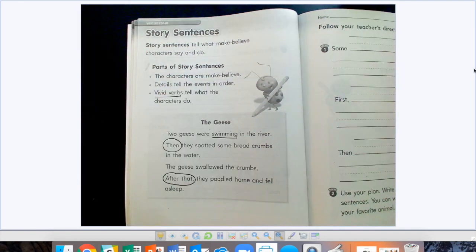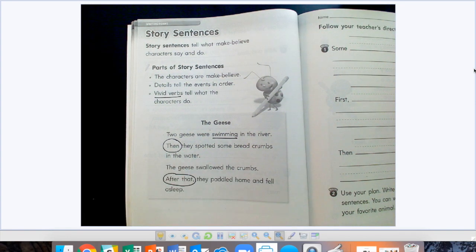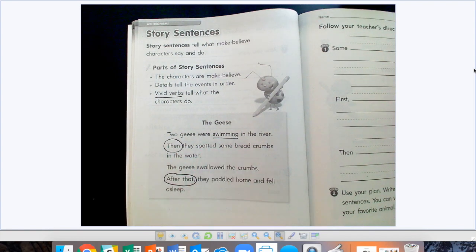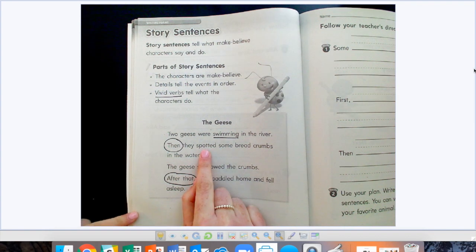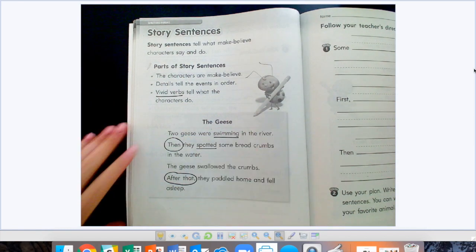Vivid verbs, that is what we are finding right now. Then they spotted some breadcrumbs in the water. Instead of saying, then they saw some breadcrumbs, they used a vivid verb, a more interesting verb. They used the word spotted. Underline the word spotted.